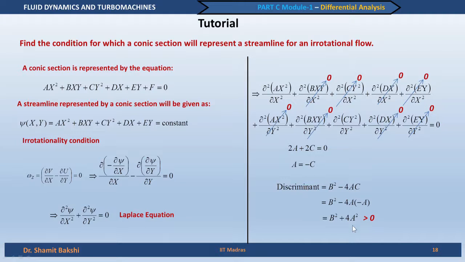This is always positive, because b square is positive and a square, of course, these are not imaginary quantities. So the discriminant is always positive, and this will always represent a hyperbola. So a conic section will always be a hyperbola if it represents a streamline for an irrotational flow.